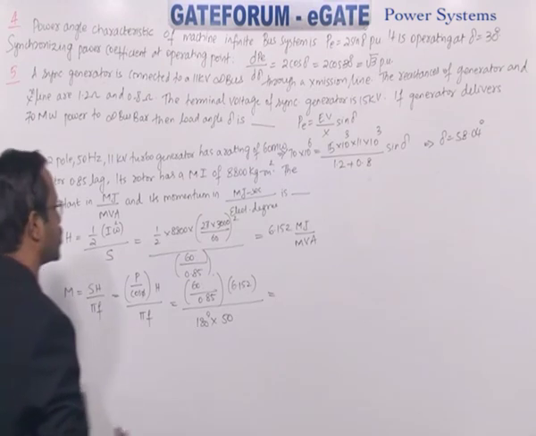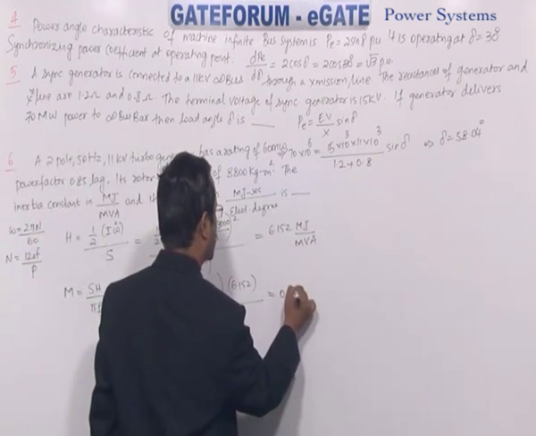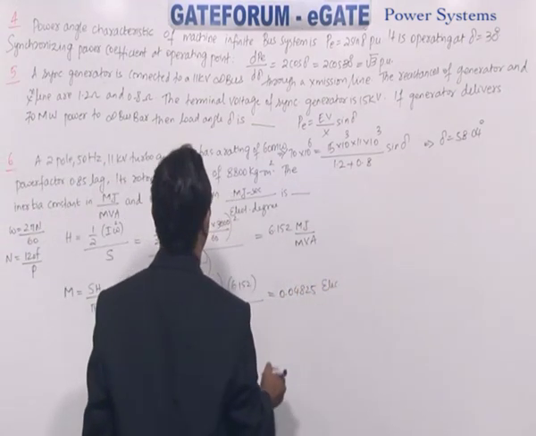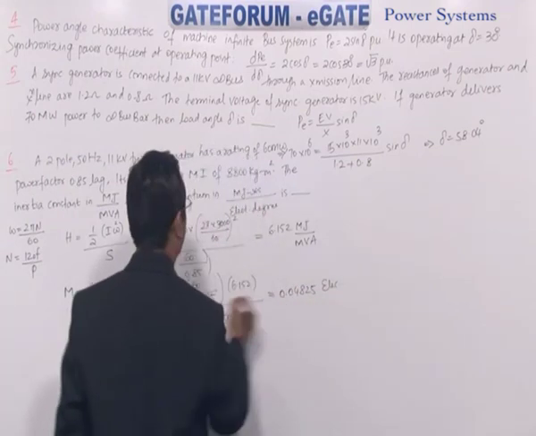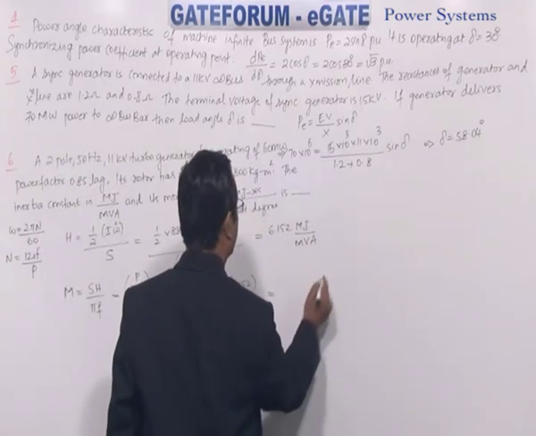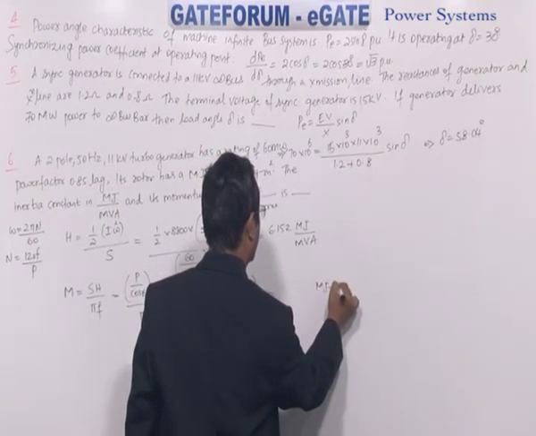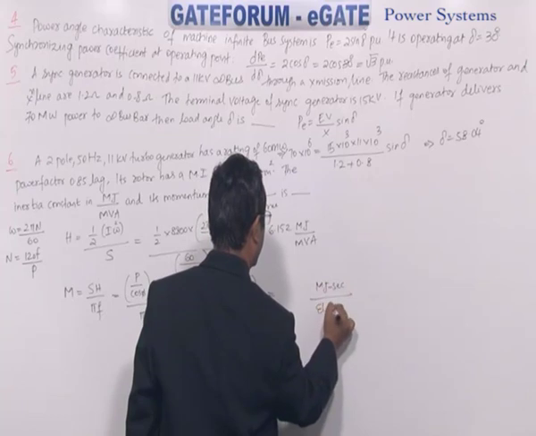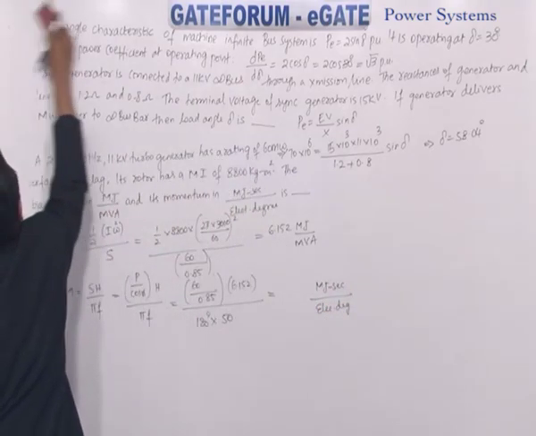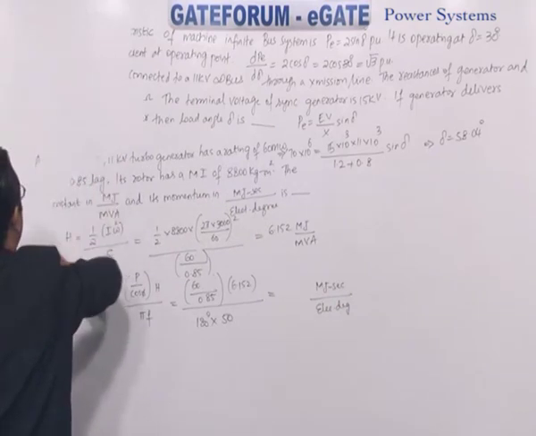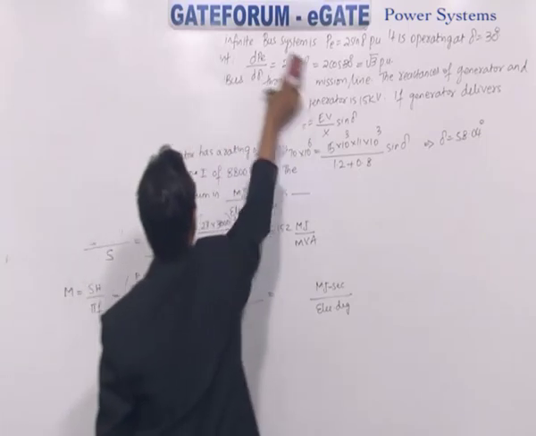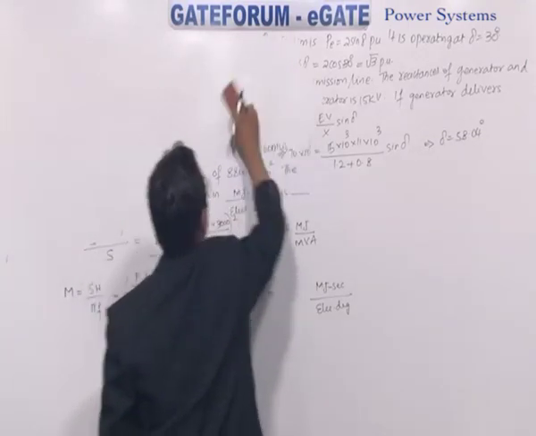On simplifying this one, you get 0.04825 megajoule seconds per electrical degree. So just based on the formula, you substitute the data given in the question, and accordingly you get these answers.